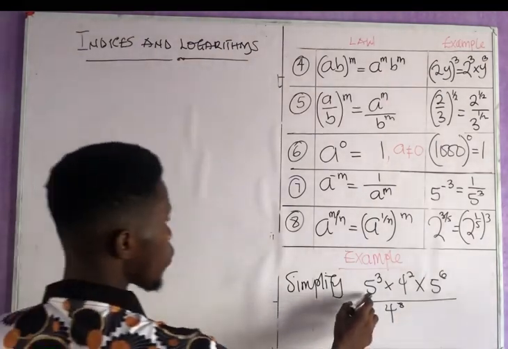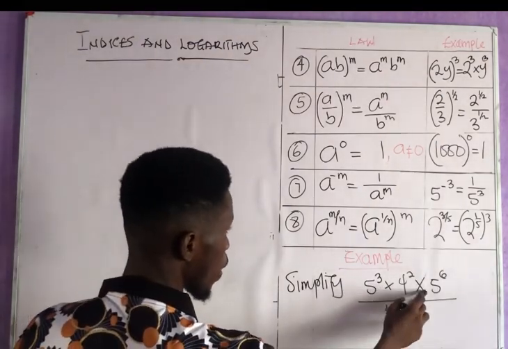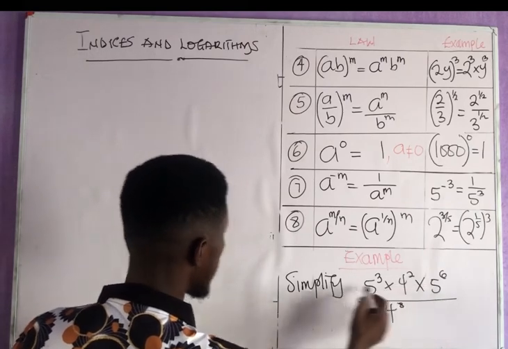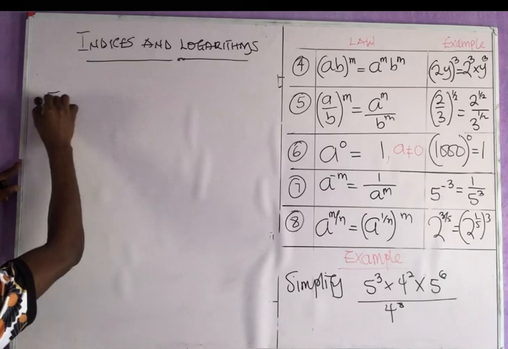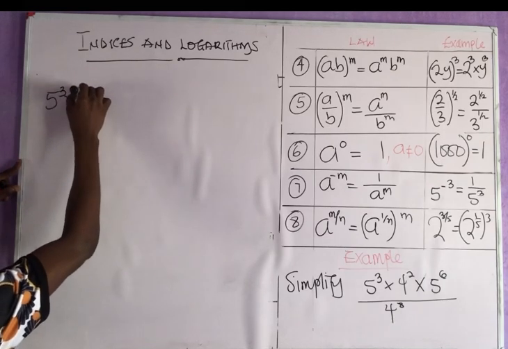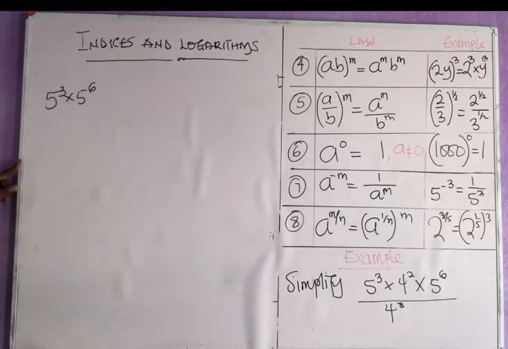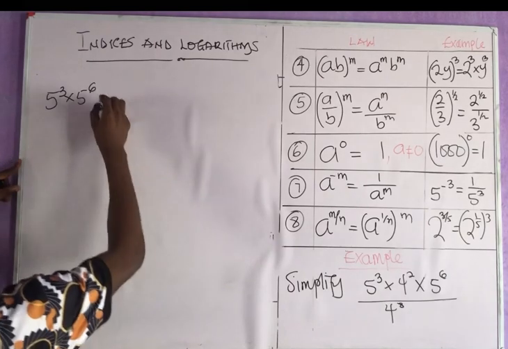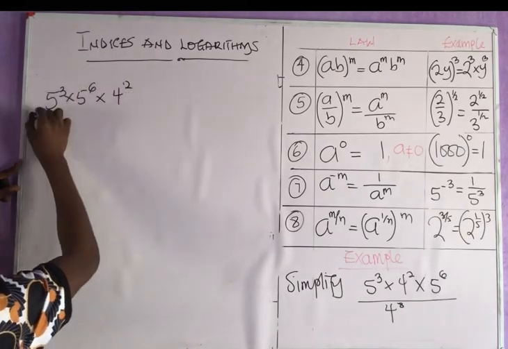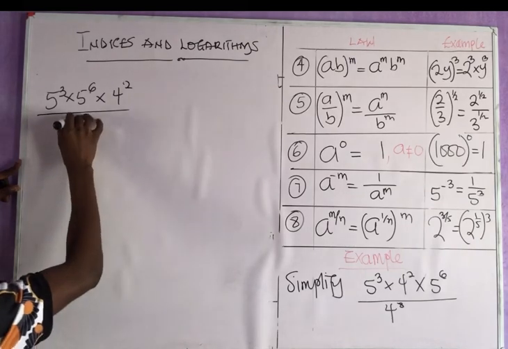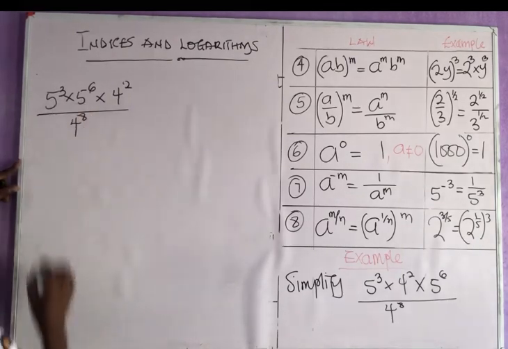So we have 5 to the power 3 times 5 to the power 6. This and that have the same base, so I can put them together to have 5 to the power 3 times 5 to the power 6, then times 4 to the power 2, all divided by 4 to the power 8.